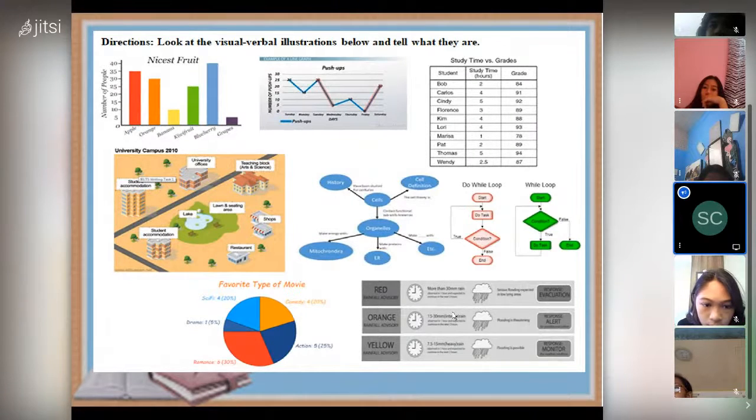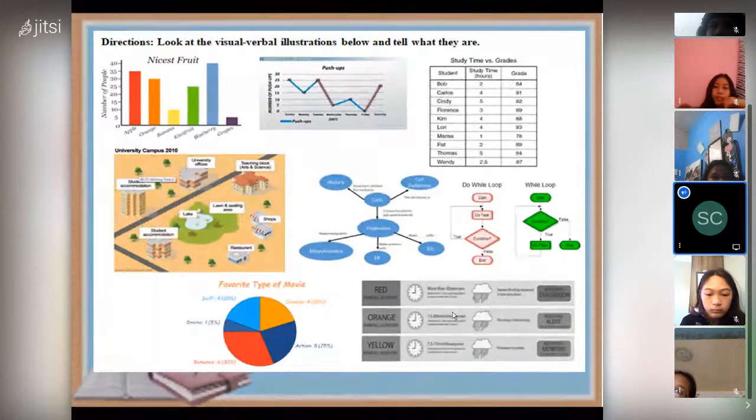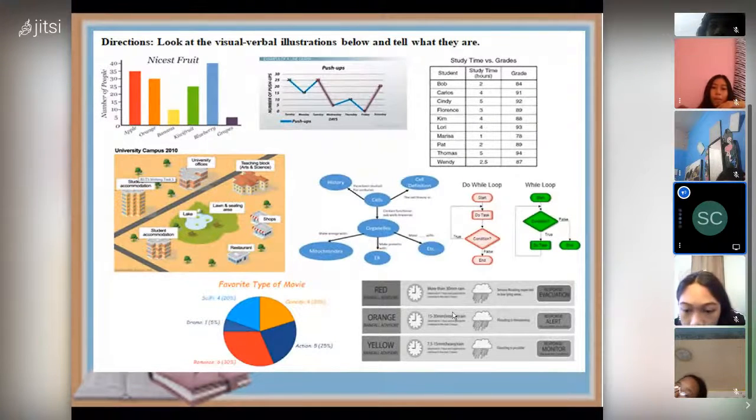Table, sir. Line graph, sir. Map. Okay, map. What else?